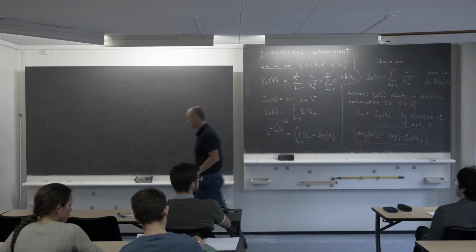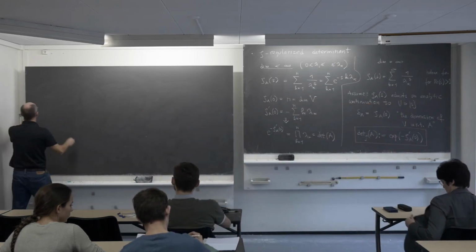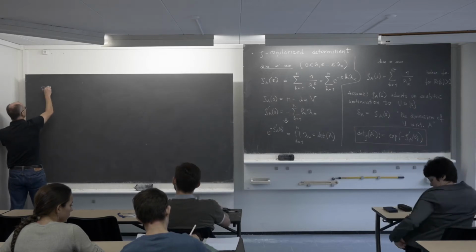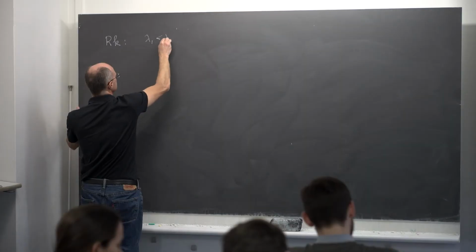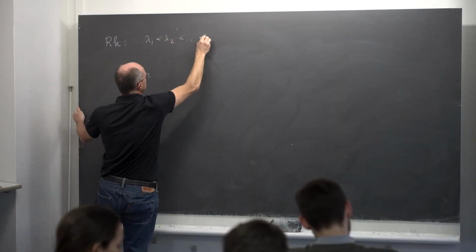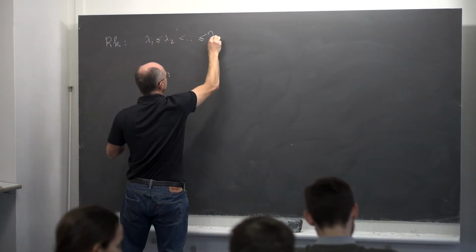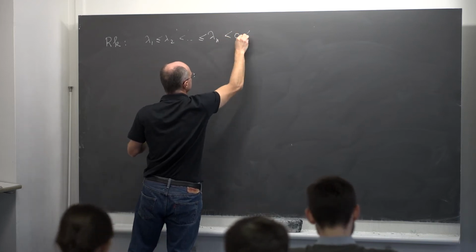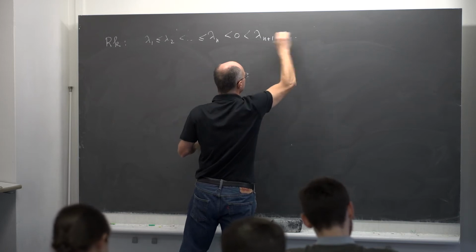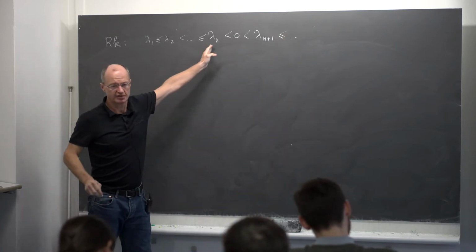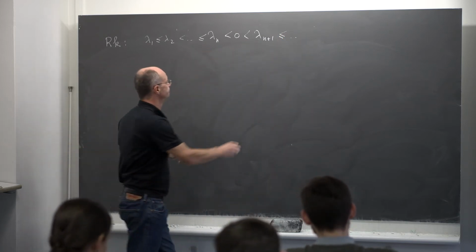But if you have a finite number of negative eigenvalues, this is also not a problem. So suppose that the first small n eigenvalues are negative and the remaining are positive.